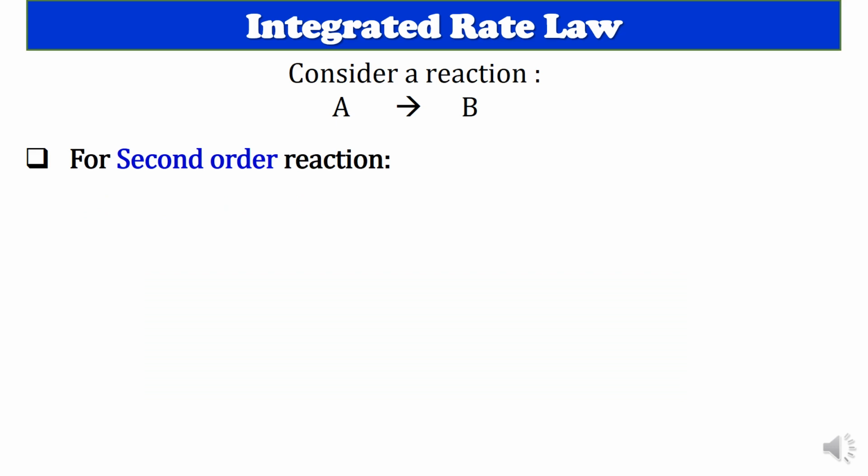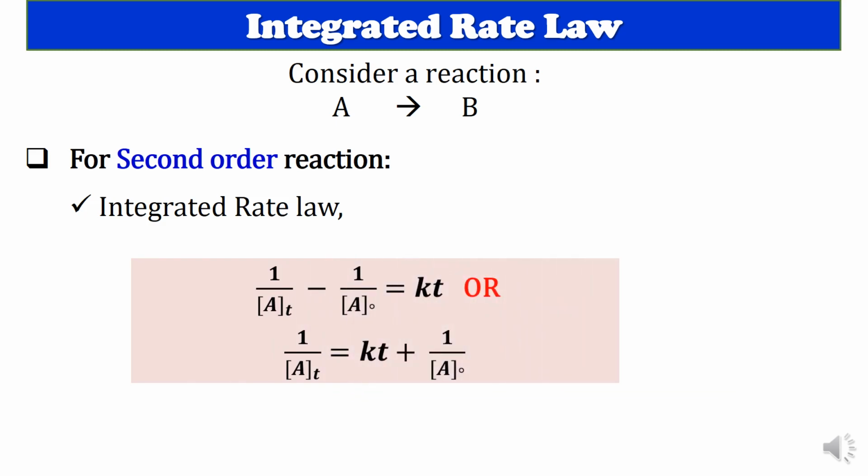For second order reaction, the integrated rate law is 1 over [A]t minus 1 over [A]0 equal to kt, or 1 over [A]t equal to kt plus 1 over [A]0.